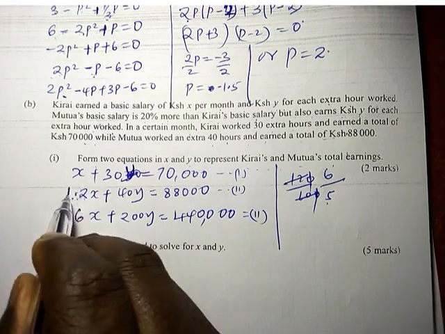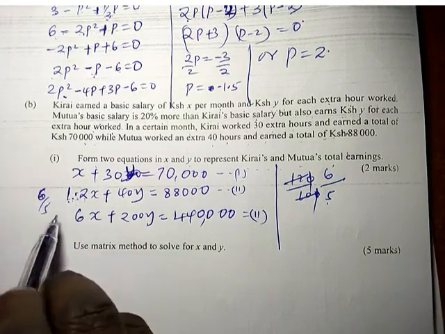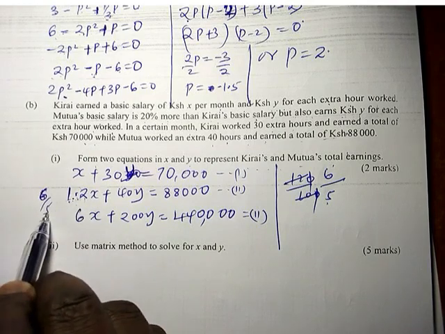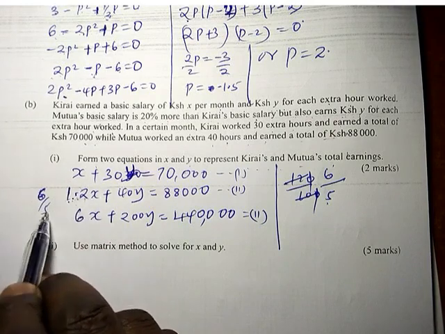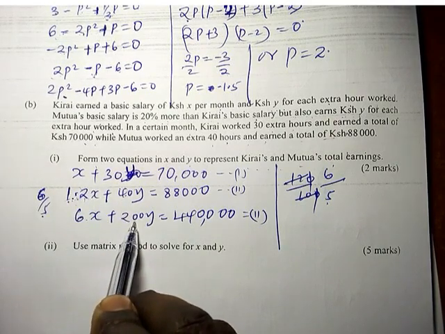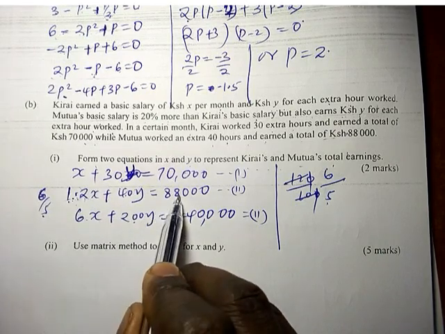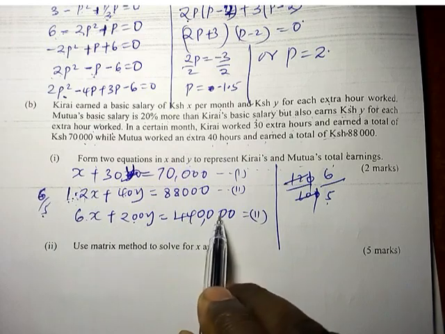So this one is the same as 6 over 5. So you multiply by 5 every term. If you multiply 5 by this term here, it remains 6x. If you multiply 5 here, it becomes 200. If you multiply 5 here, you get this one. So that's how I have obtained this.